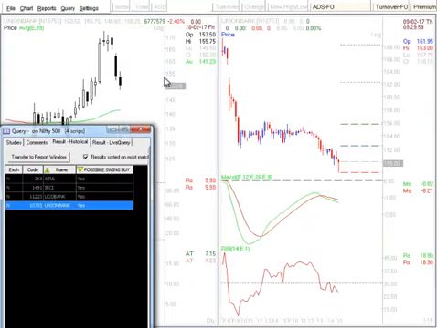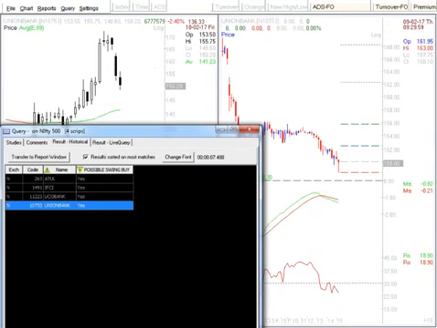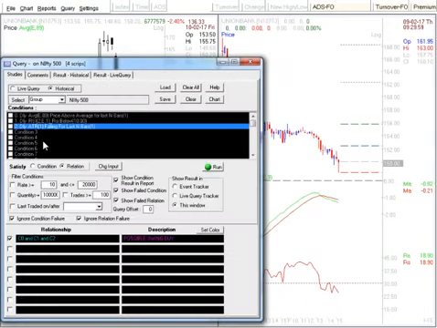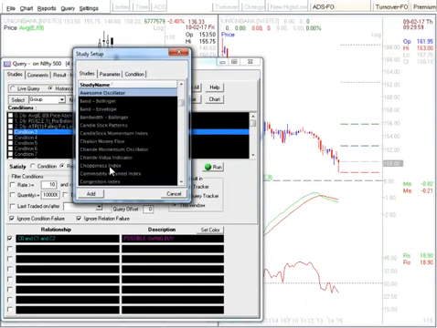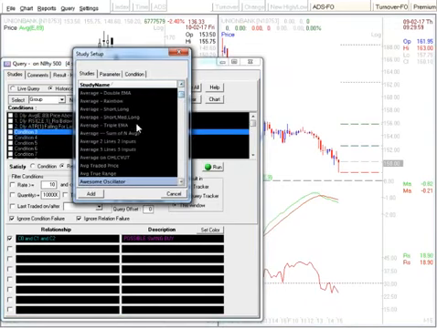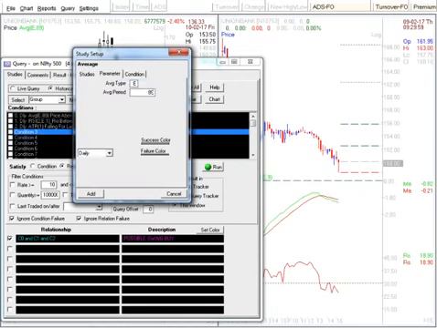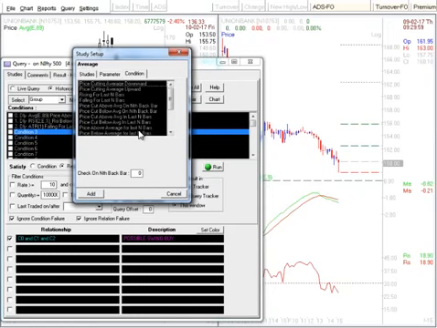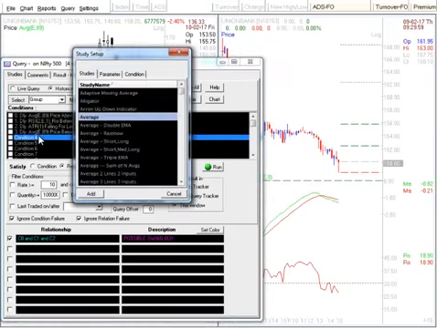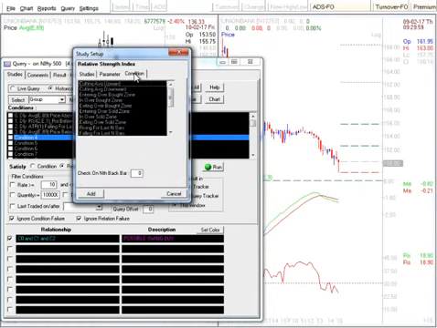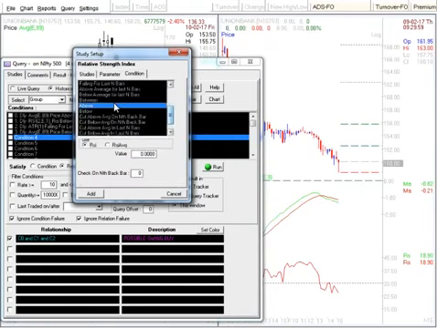Let's look into the shorts. Query, technical query. We have done the long trades. We've done the long ideas. Let's do the short ideas. The short ideas would be average, exponential 89, daily chart, price below the average, and RSI, relative strength index, of 2 period above 90.